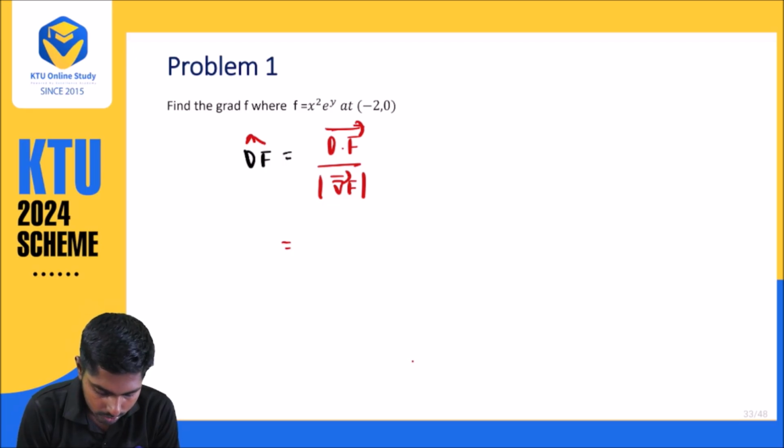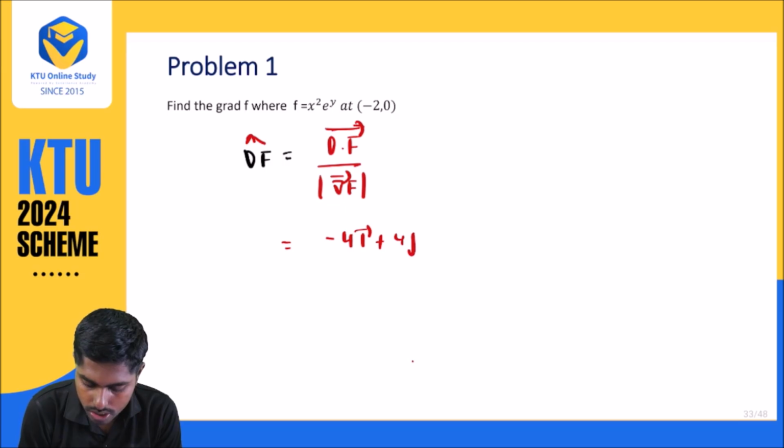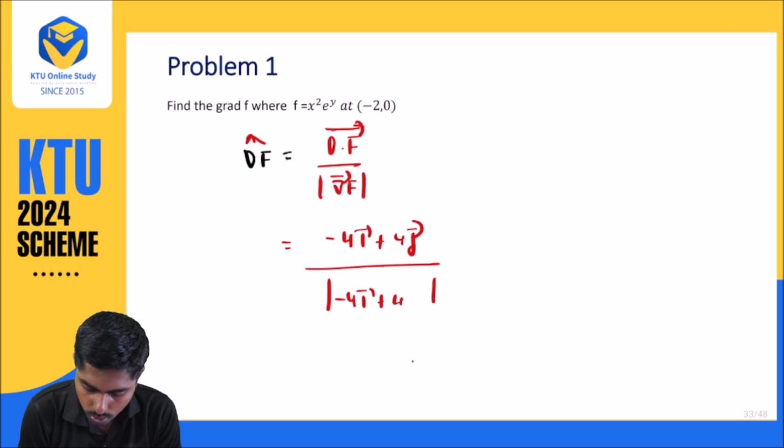What is gradient f? Gradient f is nothing but -4 i vector plus 4 j vector, divided by modulus of -4 i vector plus 4 j vector.